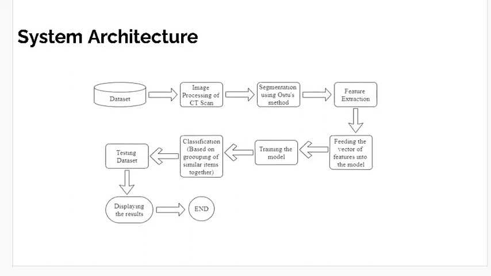Feature extraction turns raw data into manageable data, feeding the vector of features into the model. Training the model. Classification is based on grouping similar items together. Testing dataset. Display the result, and end.